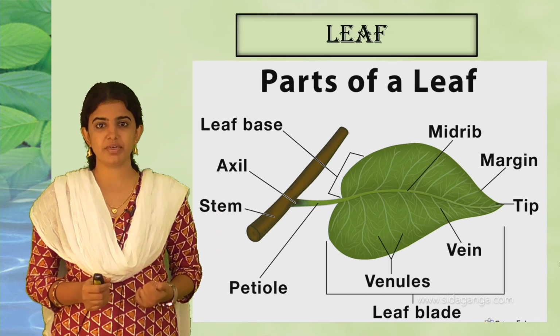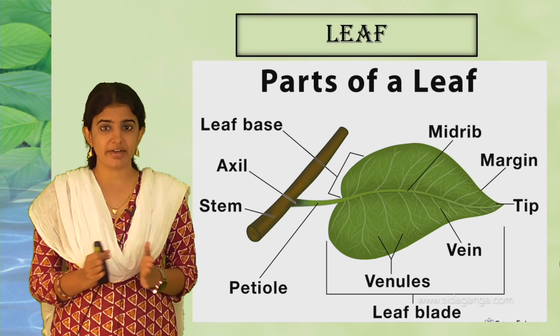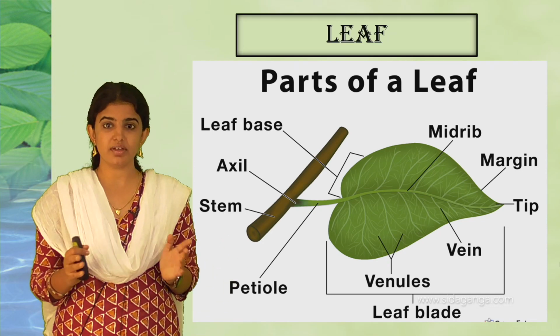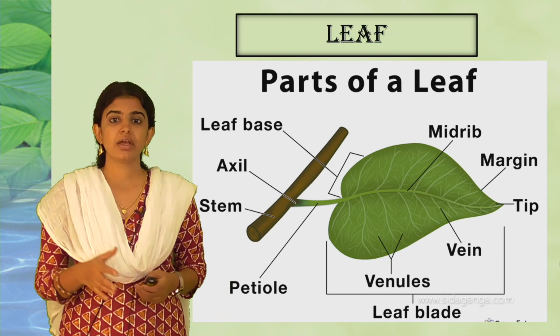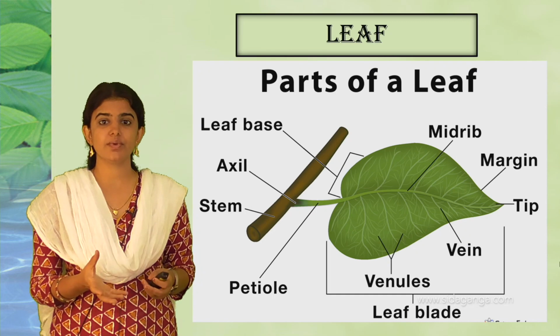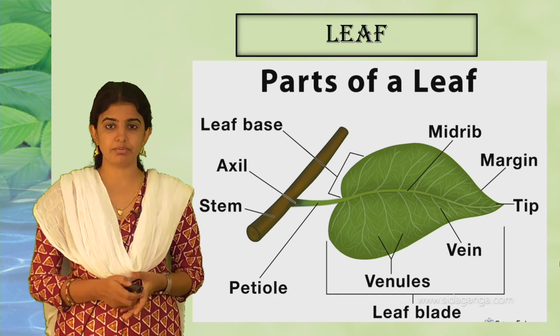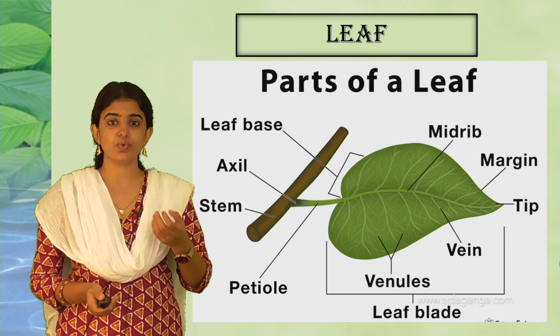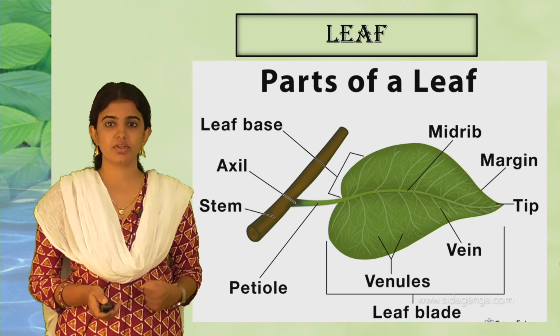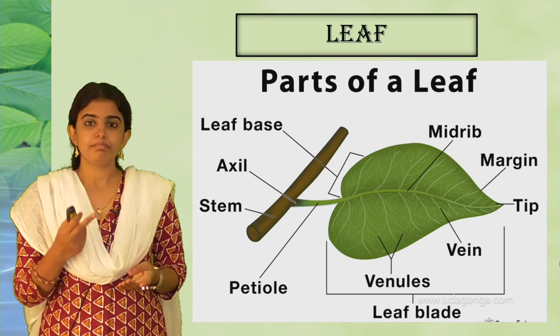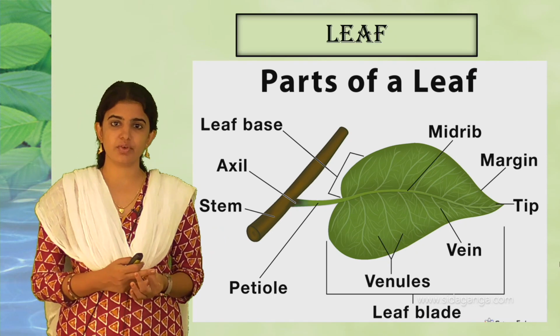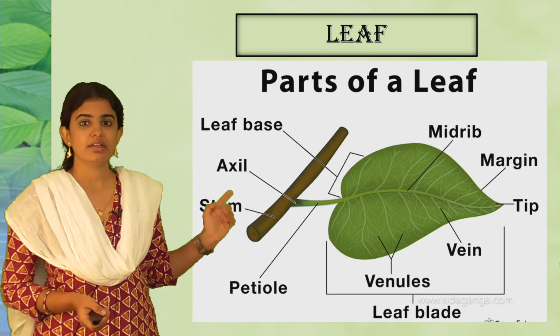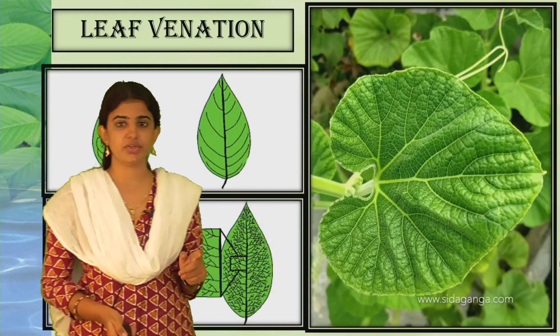This midrib is attached to small thin veins, which are called veins, and these veins are of different types. Based on the arrangement of the veins, they are divided into two types: one is the parallel venation and the other is the reticulate venation. The stalk of the leaf is called the petiole.